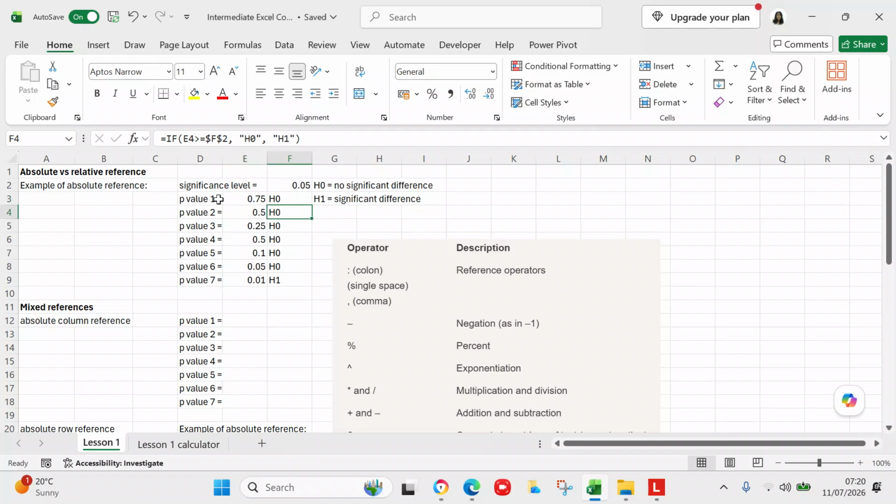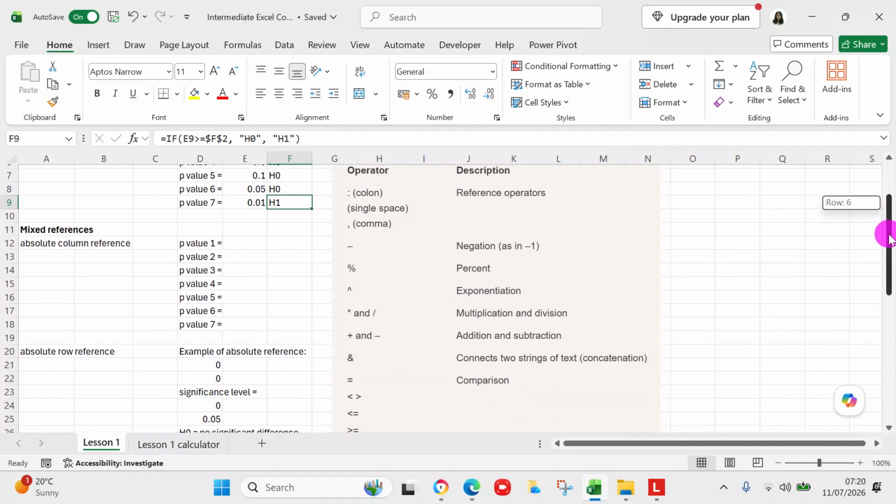Otherwise, it's alternate hypothesis. You can go down the list, and because F2 is an absolute reference, even if you have copied and pasted your formula, it's going to continue to be F2 the whole time. And so that's your difference between absolute and relative cell references.